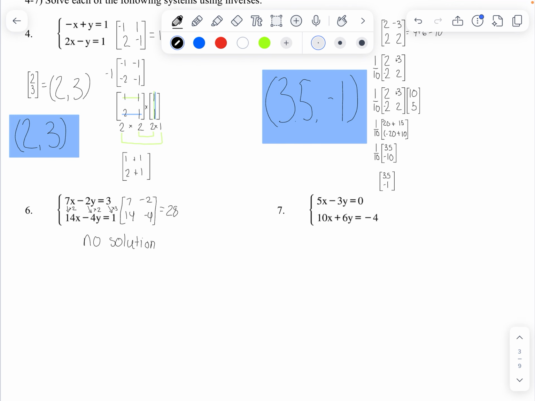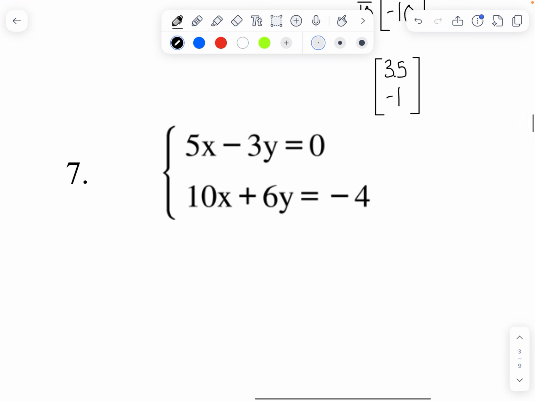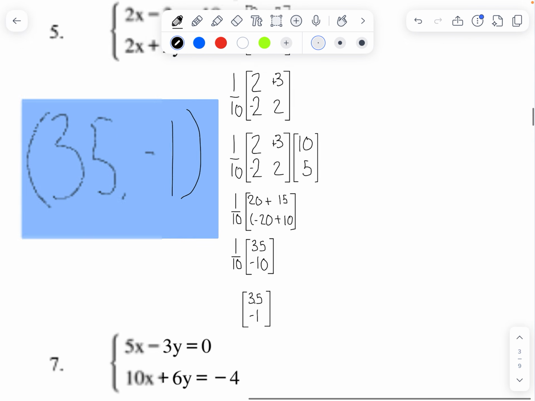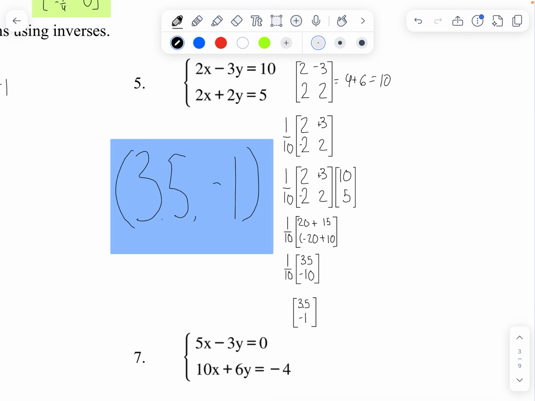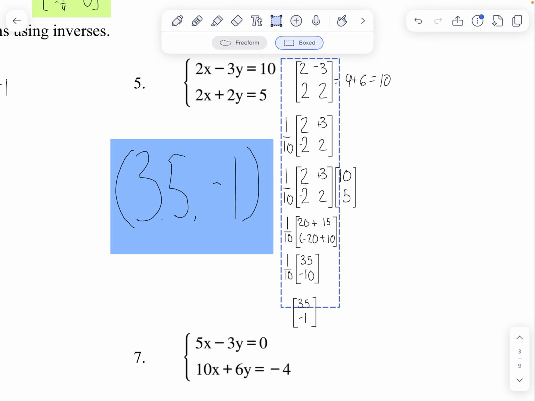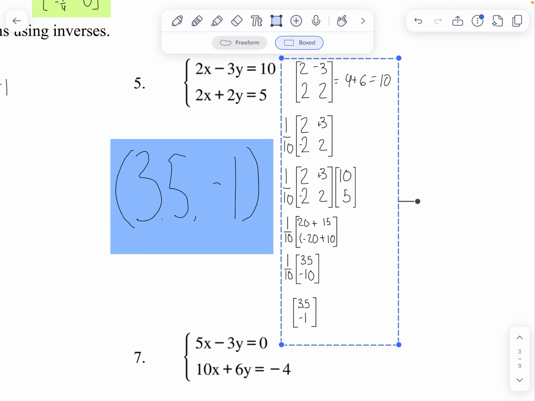Okay, on to the next question. I'm just going to copy this because this would be faster. I'm just going to erase the numbers.